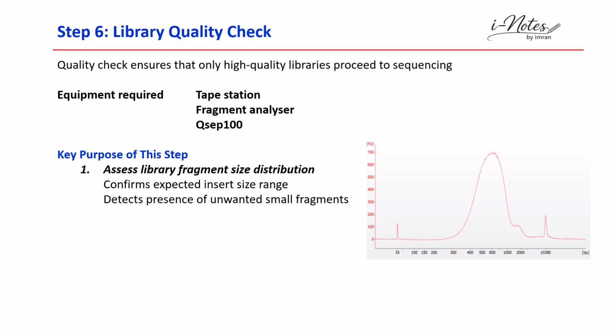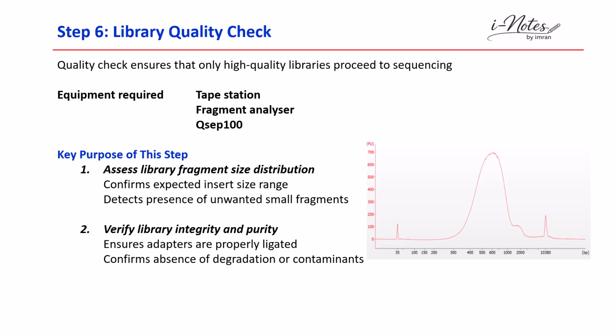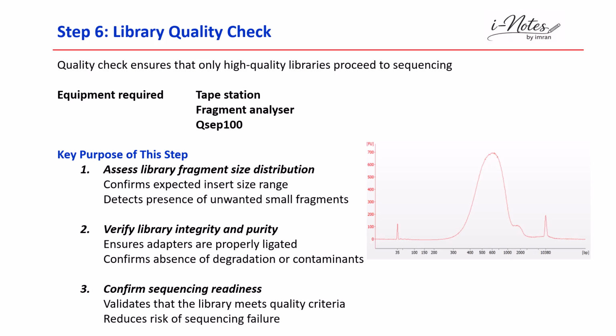If you observe multiple peaks of the same intensity, or the height of your peak is very low, in that case you have to doubt your library, or you should exclude that sample from the sequencing run. Basically this step ensures the integrity and purity of the library, and it also confirms the sequencing readiness.